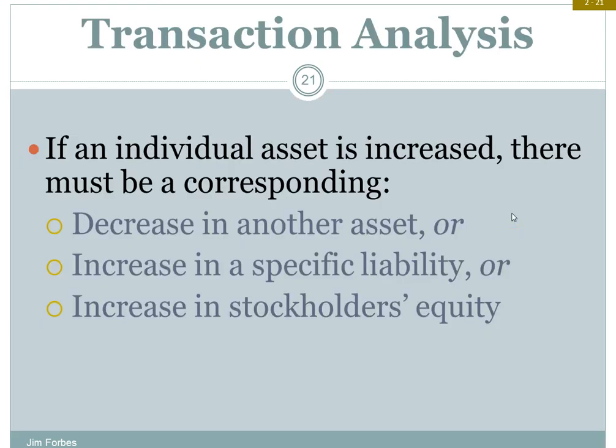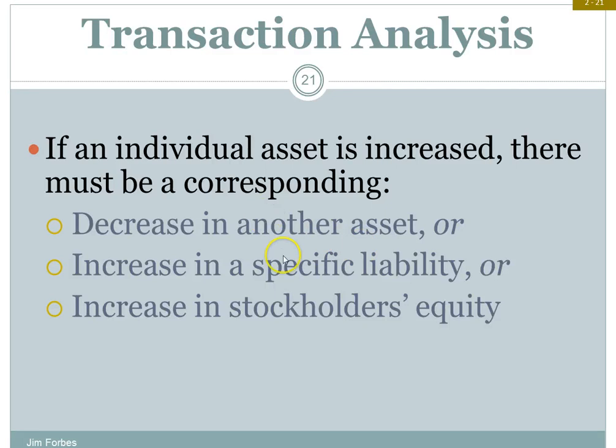If an individual is asset, so we're going to do some analysis here. So if an individual's asset is increased, there must be a corresponding, and you have 3 choices, a decrease in another asset. An example would be maybe you buy a piece of equipment. So if you increased your equipment, but you're also decreasing cash if you pay for it in cash. So it could be an increase in one asset, a decrease in another asset of equal amount.